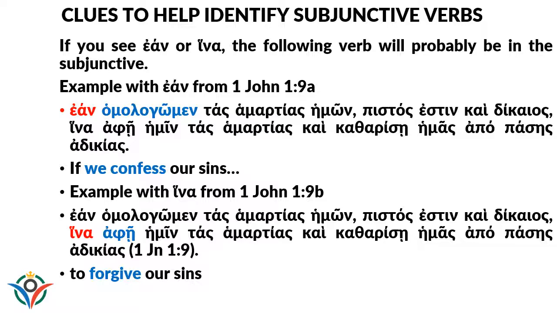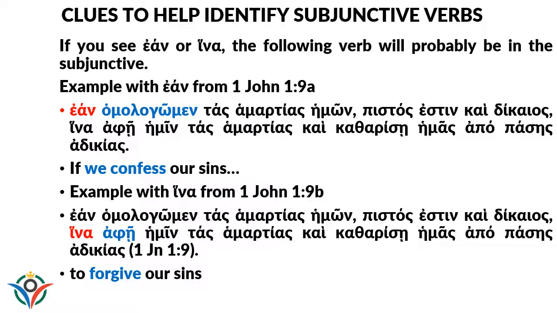So the first two clues are technically called particles, and they are eon and hina. So when you see eon or hina in a verse, then that should trigger some warning bells in your mind that the following verb will probably be in the subjunctive mood.